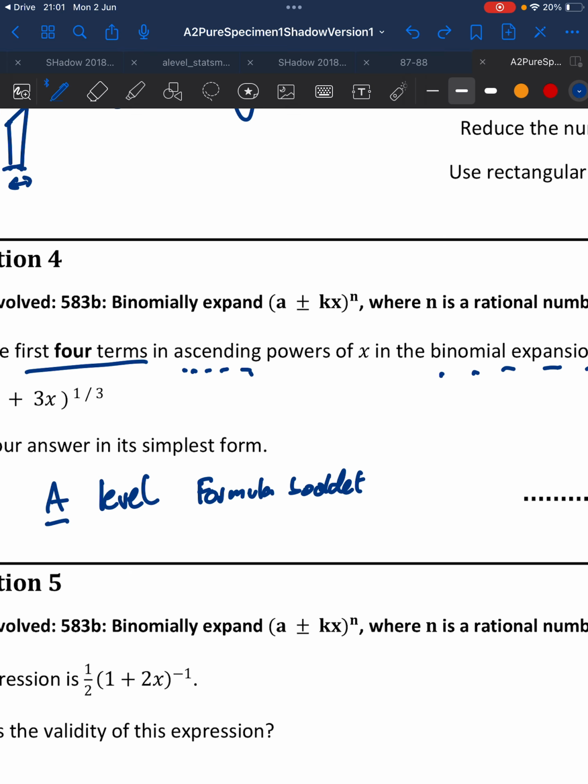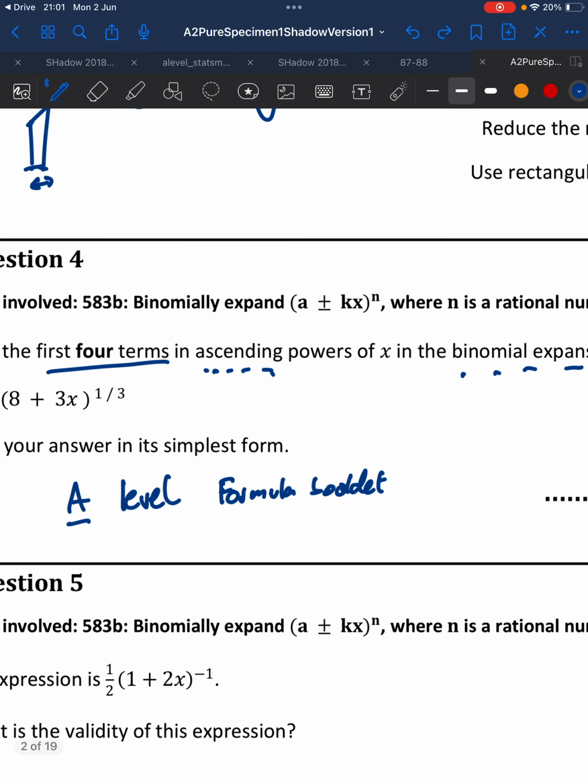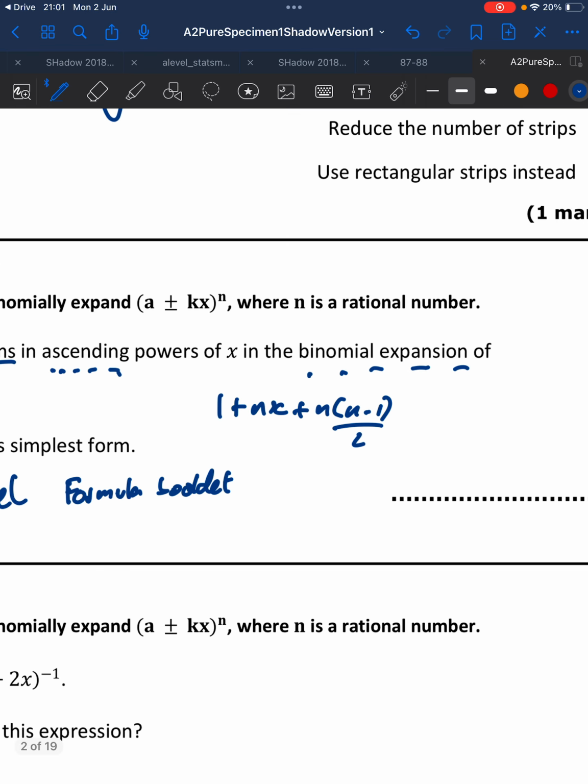So this is going to be the expansion of 1 plus nx plus n, and so on and so on. Make sure when you're doing this, please, that the value that you are calling x is going in here and all being squared.